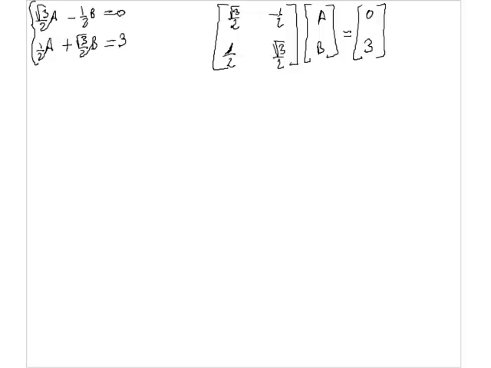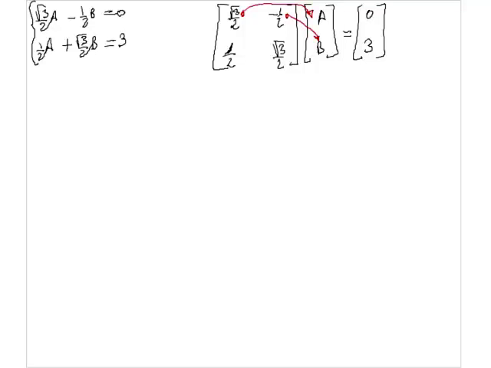And the way that matrices multiply each other is you're going to take the first term, square root of 3 divided by 2, and multiply it by the first term on the adjacent matrix, which is A. Then you're going to look at the second term of the first row, which is minus 1/2, and multiply it by the second term of the second matrix, which is B. So pretty much what we end up doing is this guy times this guy plus this guy times this guy.